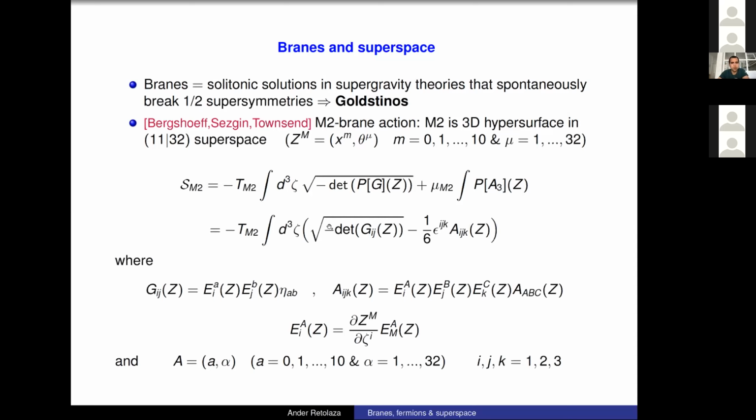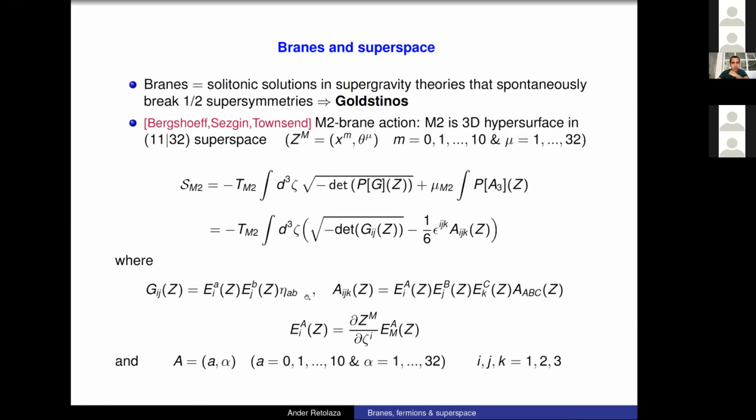The metric comes with a pullback, and we build the metric using the super vielbein, the pullback of the super vielbein. And for the Wess-Zumino part, we have the three-form superfield that again we build using the super vielbein pullback, and also this three-form superfield.